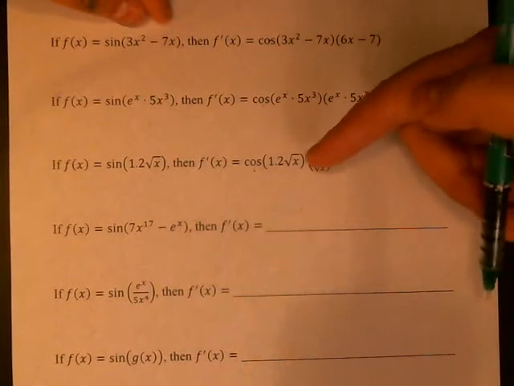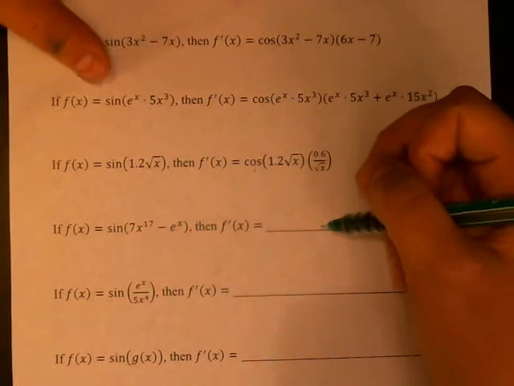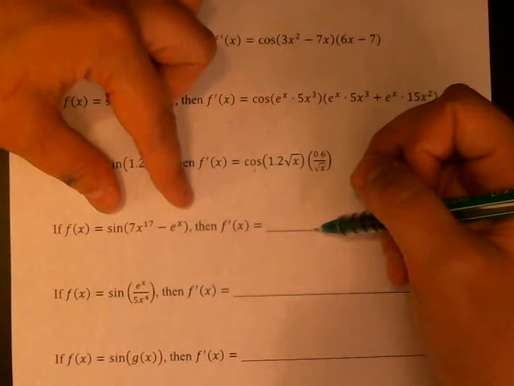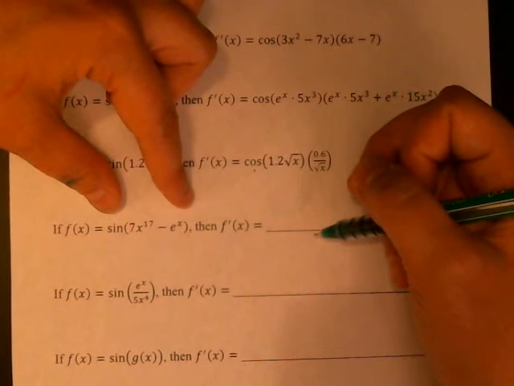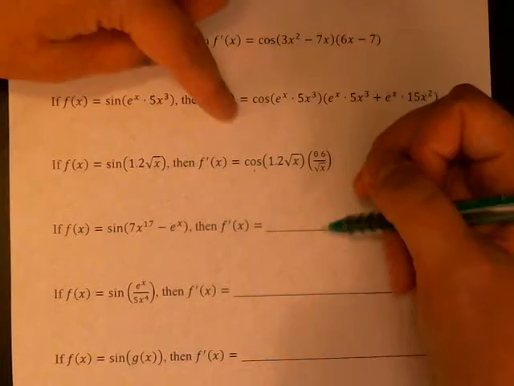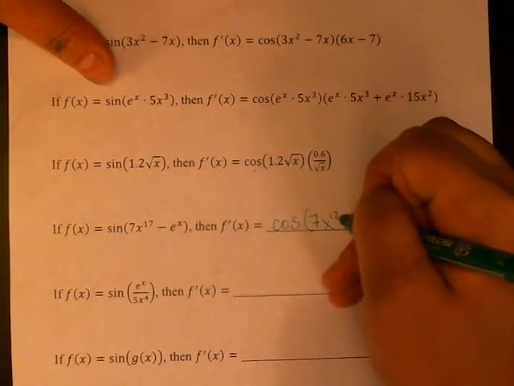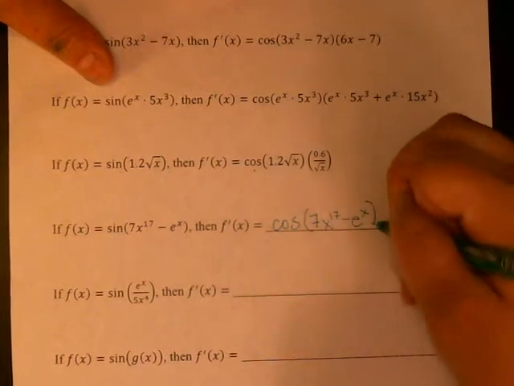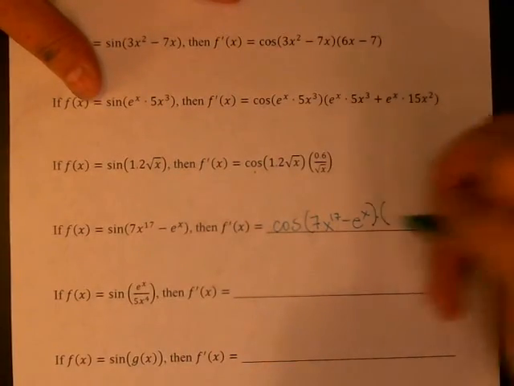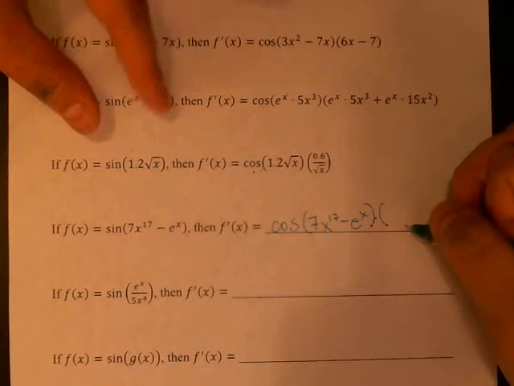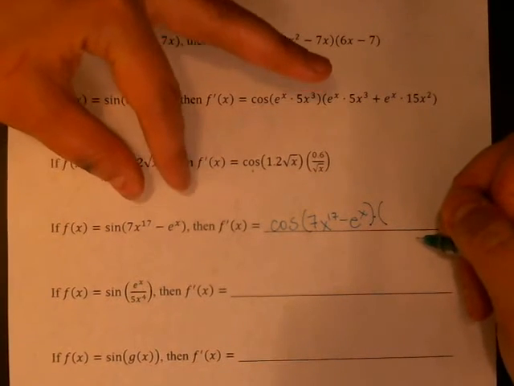So if we want to generalize that down to the bottom, if we have sine of 7x to the 17 minus e to the x, looking at the pattern, I think I should end up with a cosine of that exact same thing, 7x to the 17 minus e to the x, and then I should multiply, and in the second set of parentheses, I should have the derivative of this.